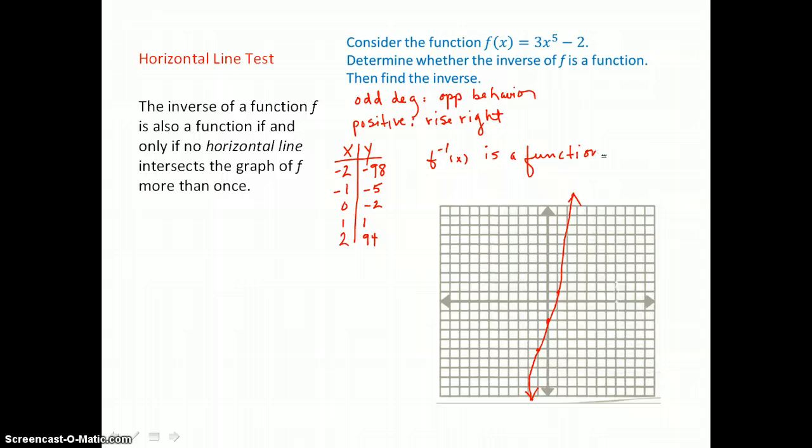Okay, and now we want to find the inverse. So since this is a function again in x and y, we can switch x and y and solve for y. So I'll add 2 to both sides and divide by 3. And then I'll take the 5th root of both sides to get just y.